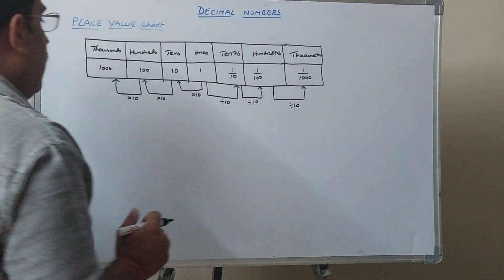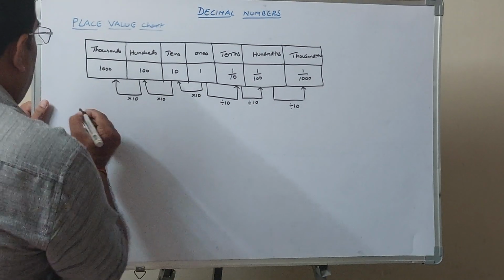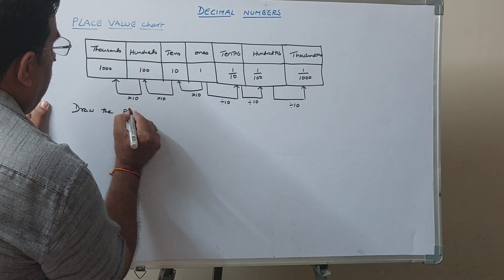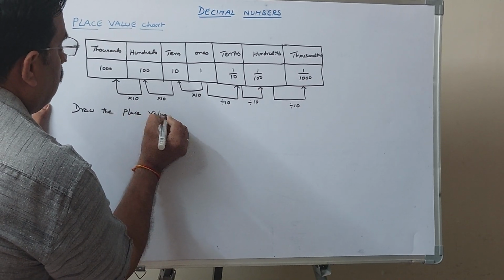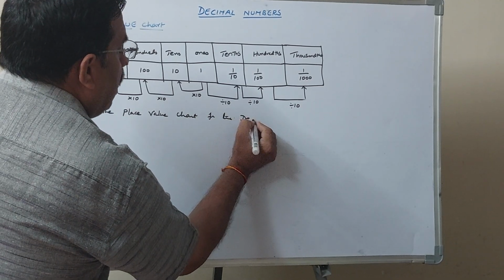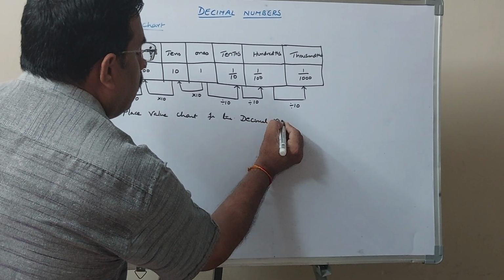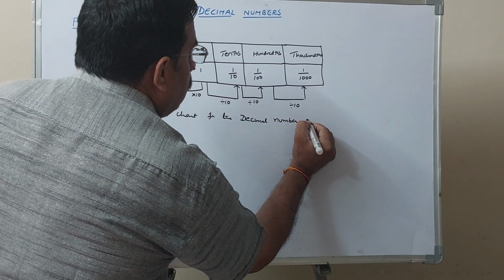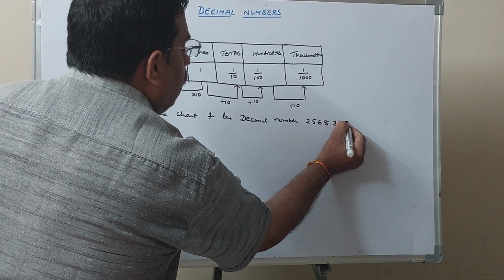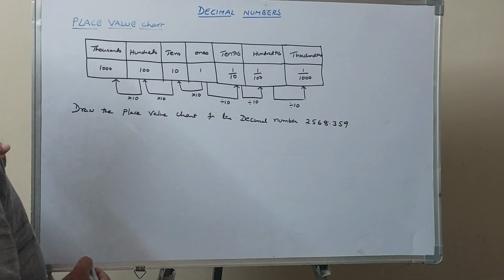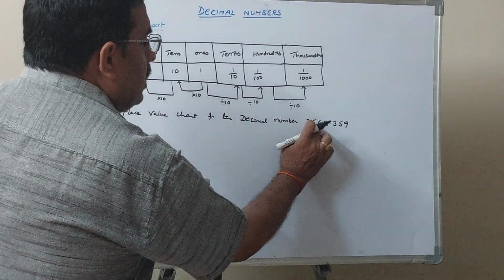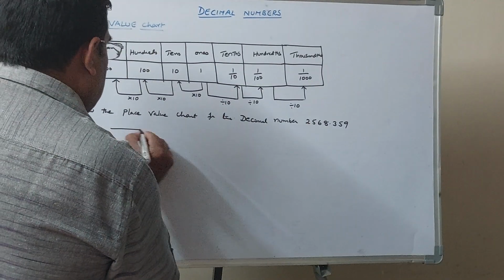So if you want to write or draw the place value chart for the decimal number 2568.359, how to draw the place value chart? Here we know this one. Ones, tens, hundreds, thousands. So draw the place value chart like this.